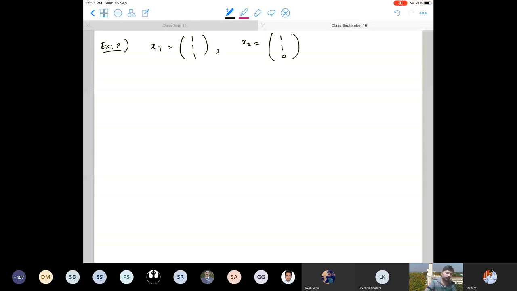These are the two vectors. Now you tell me, what is the span of x1 and x2 geometrically? Anybody? Can you tell me geometrically what is the span of x1 and x2?